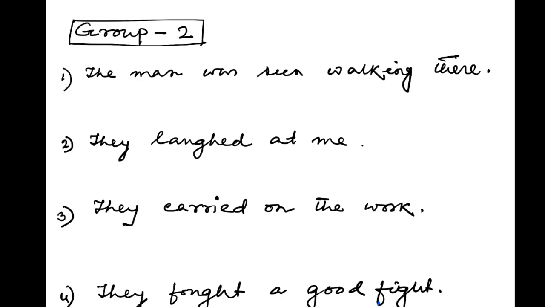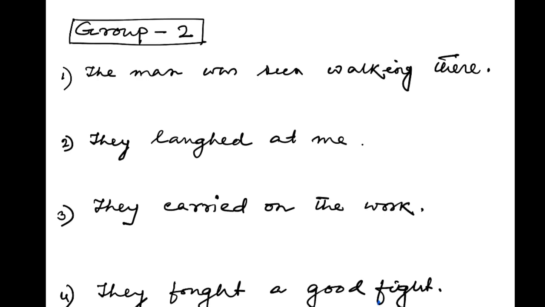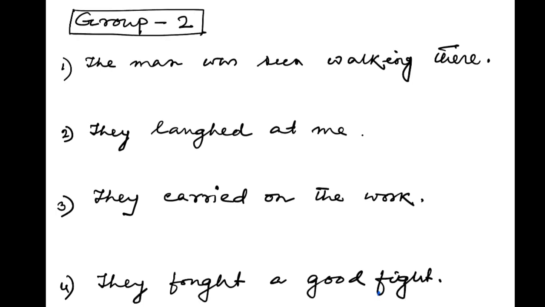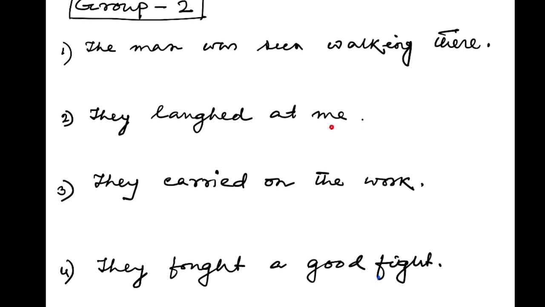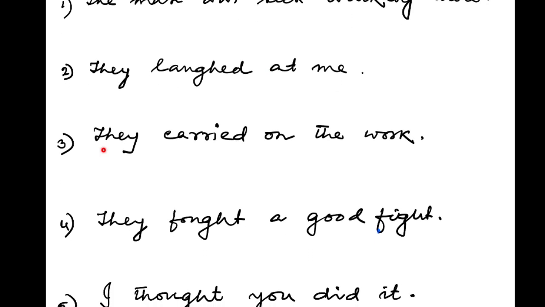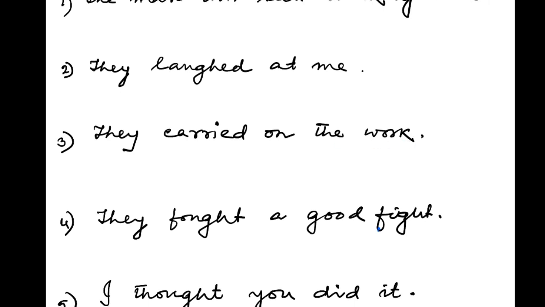Group 2 also has 5 questions. The first question is, the man was seen walking there. Write it down. Number 2, they laughed at me. Number 3, they carried on the work.